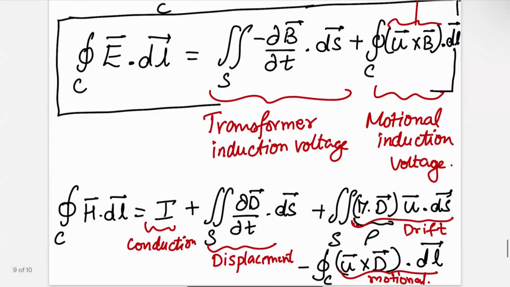Okay. So the last part is to see what happens to the point form of Maxwell's equations when we use this quote unquote correct integral relationship, where the d/dt is already on the inside of the integral. So let's do that.